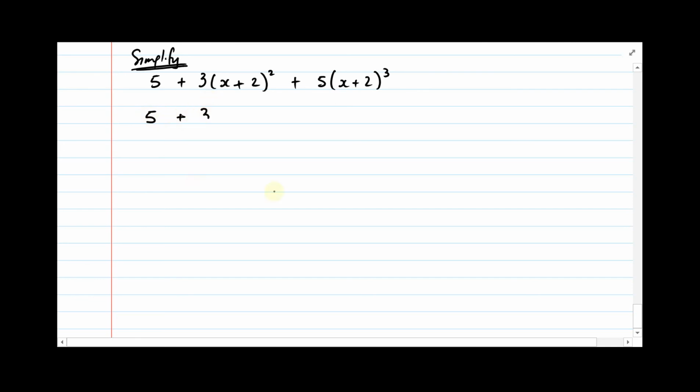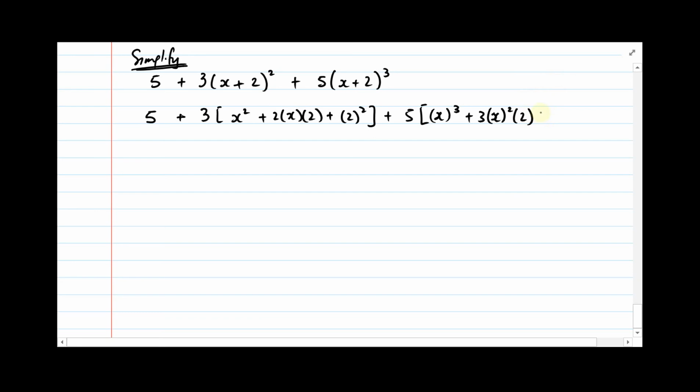Okay, with me, I'm using the special products, and just the same format that we had used earlier for both cubes and squares.